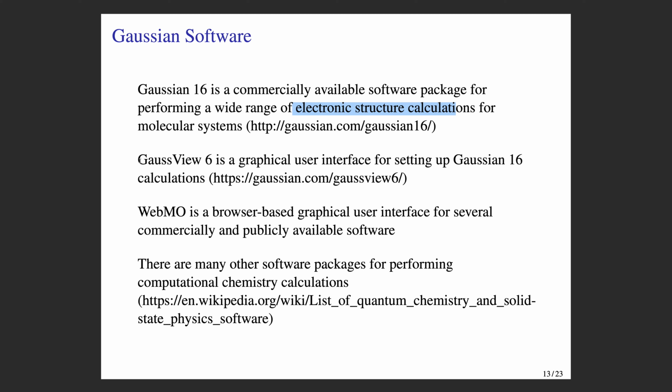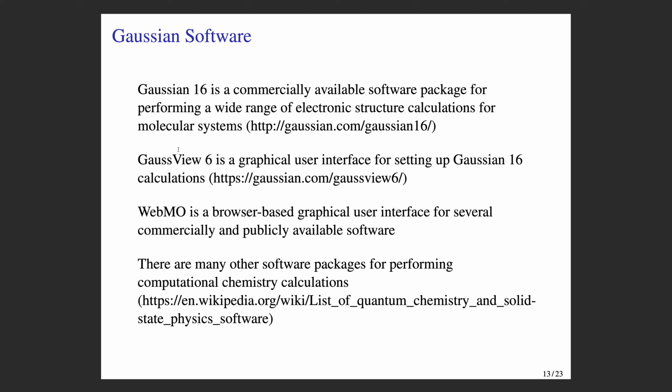There is another program called GaussView 6, which is a graphical user interface that assists you in building molecules and setting up the Gaussian calculations. So that's another piece of software that we're going to be using. There are really two components here. The Gaussian 16 package actually performs the calculations. The GaussView 6 program helps you set them up.